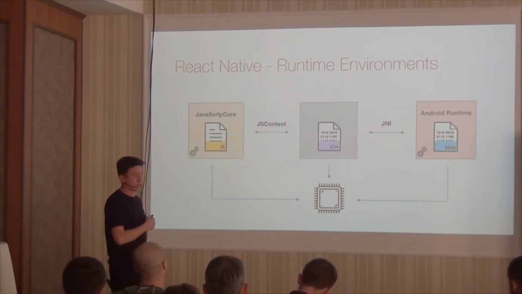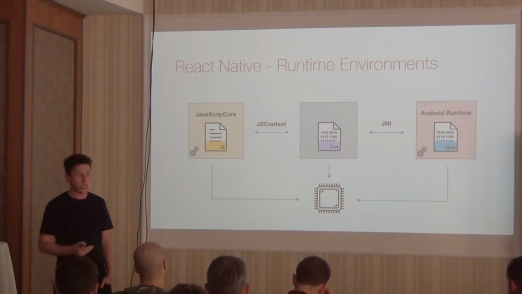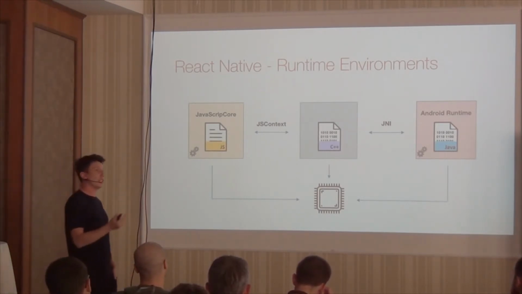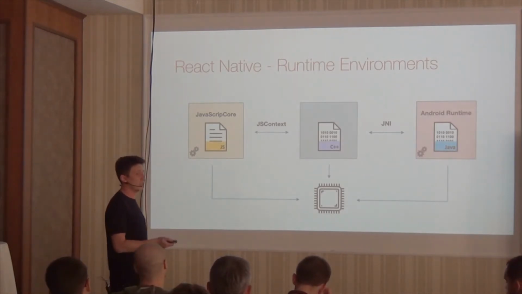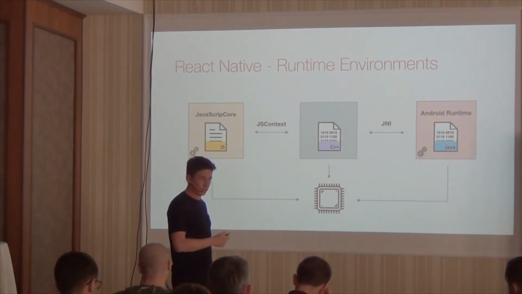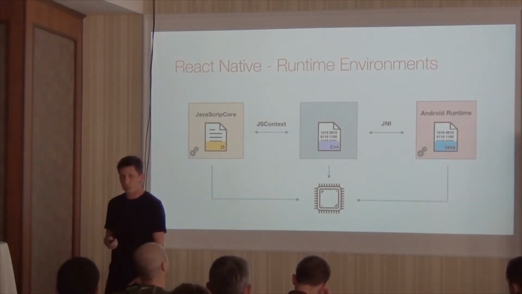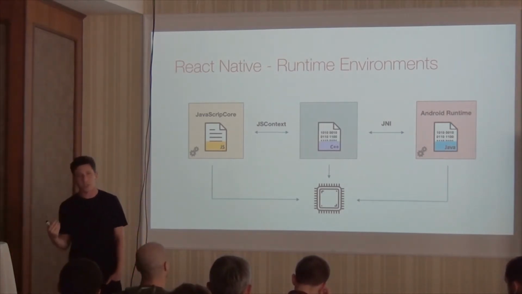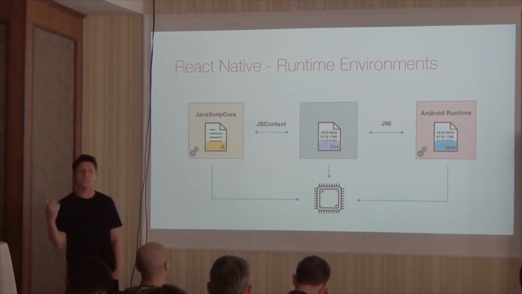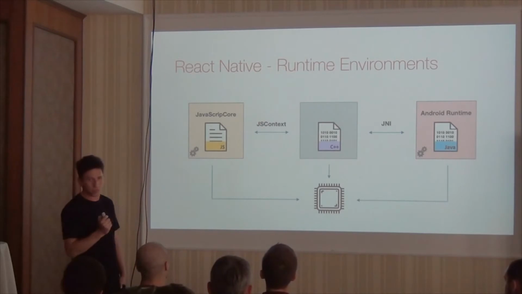The same thing we have on the JavaScript side. We have the JavaScript virtual machine, and it has the JS context, which enables us to communicate between the outer C++ code and the JavaScript. We can register some methods on the global of the JavaScript and invoke them from C++, or we can register on the C++ side some methods on the JavaScript context and invoke them from JavaScript.